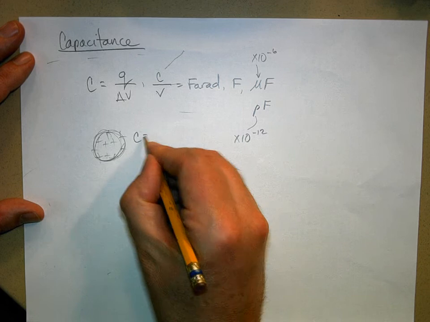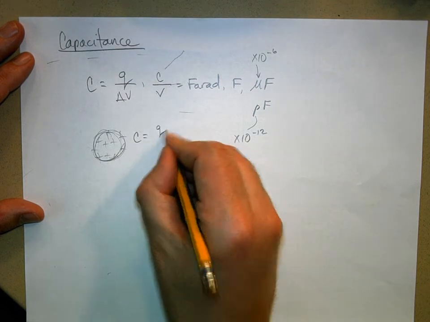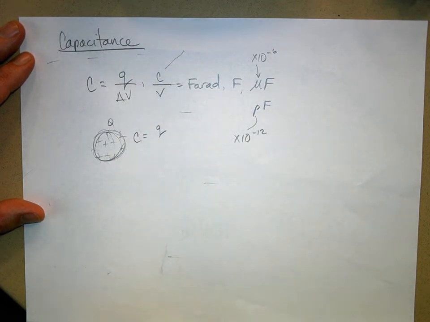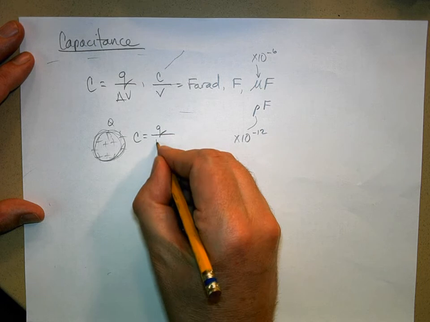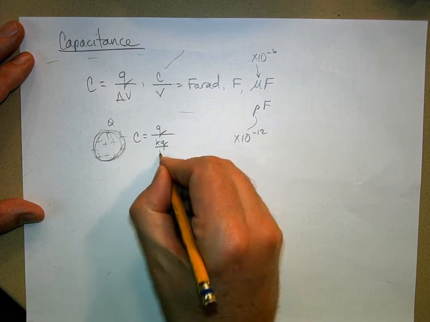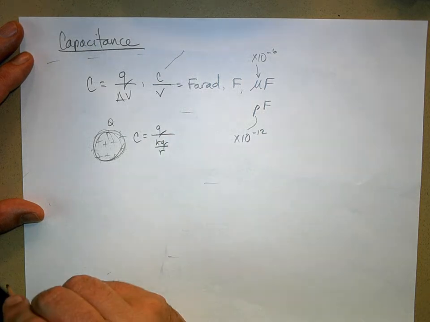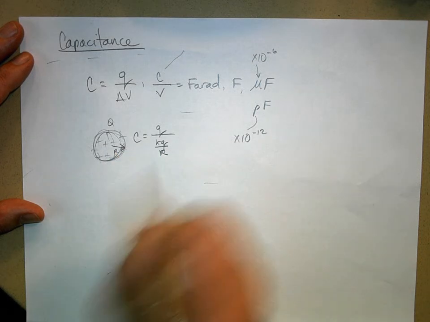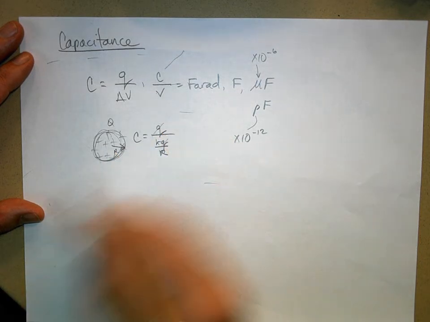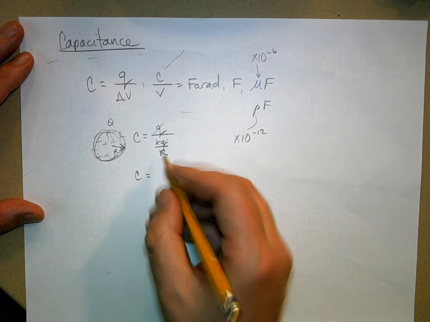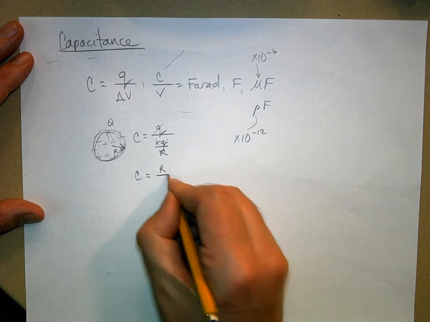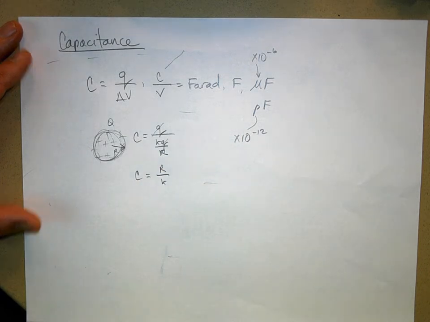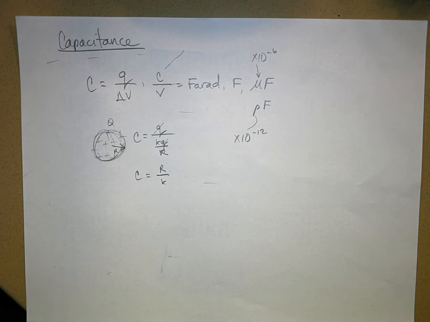Well, it's the charge on it, Q, over the voltage. Well, that's KQ over R. We'll call it capital R. And so the charge cancels, and we get C is equal to the radius over the electric constant, R over K. That's exactly what we said.